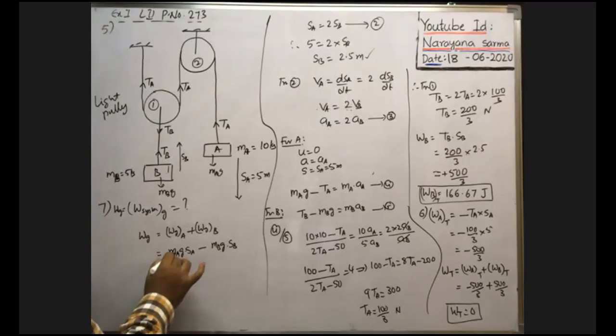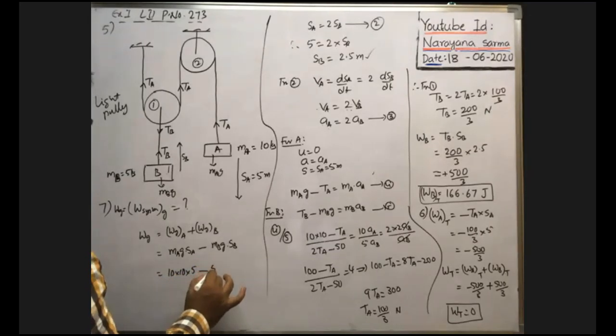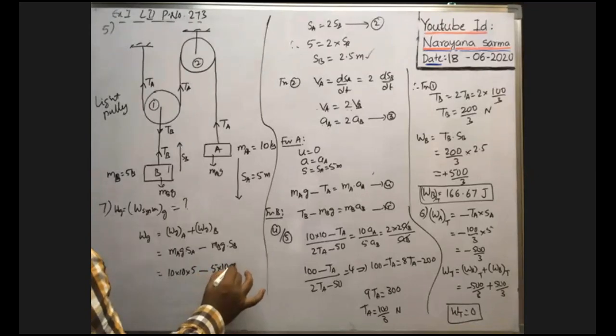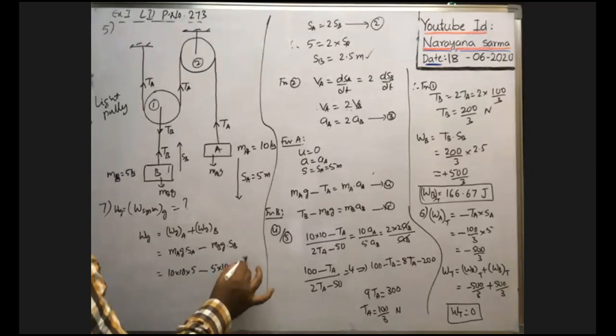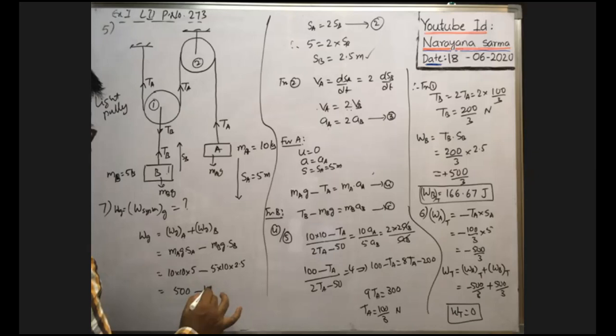Now substitute the data. MA means 10 kg, 10 into g, 10, into displacement SA, which is 5, minus MBG: MB is 5 into 10 into displacement 2.5 meters. So this is equal to 500 minus 125.